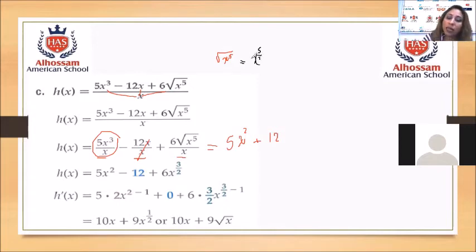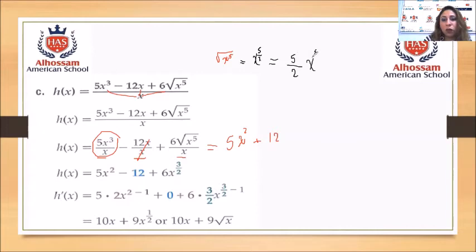Here, the scalar is 1. So if you multiply 5 over 2 times 1, it will be 5 over 2. And for x, I subtract the power: 5 over 2 minus 1.